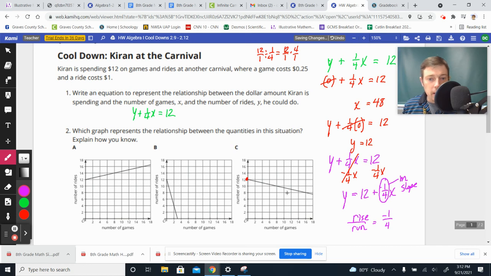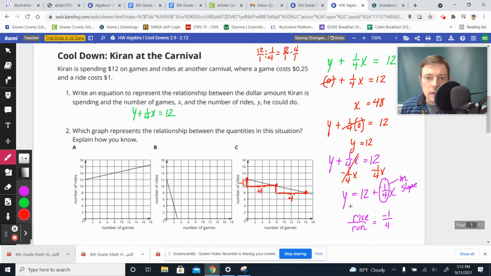So the one that we feel matches that, let's see if that actually happens. Let's pick some other points on this. It goes through, looks like right here, and it looks like it goes through right here. Did I have a down 1 over 4 relationship on my line? Down 1 over 4. Yes, I did.